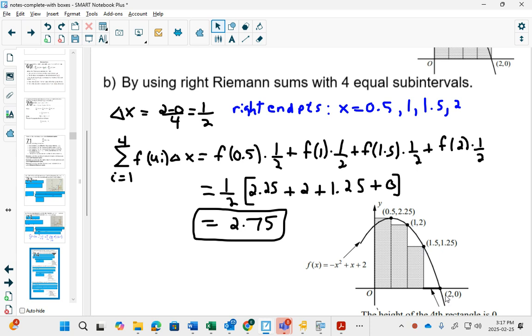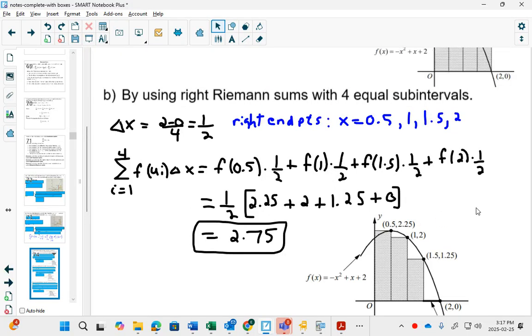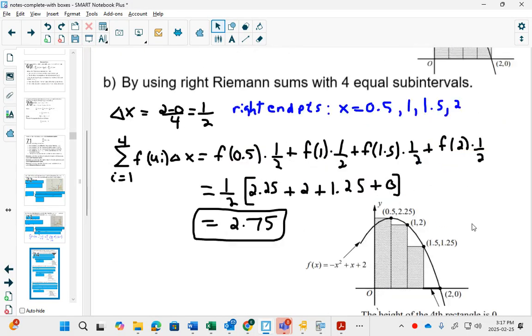Notice how now we're using the dots on the right-hand side. Just judging by the picture, it definitely looks like an underestimate for the area. When we look at our first one, it definitely looked like an overestimate.